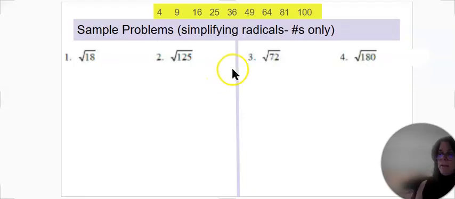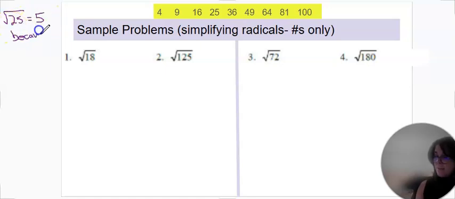Back in 8th grade, you did perfect squares, something like the square root of 25. And you said to yourself, what times itself gives me 25? Well, 5 times itself is 25. So the square root of 25 is 5, because 5 times 5 is 25.